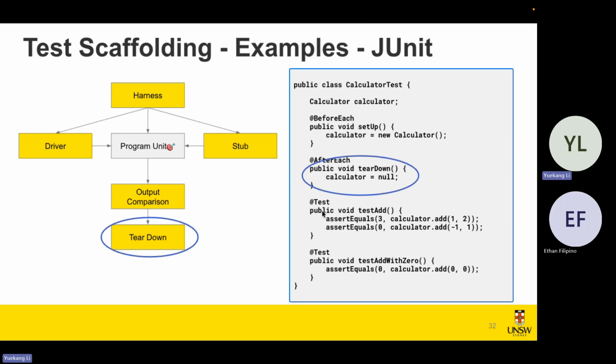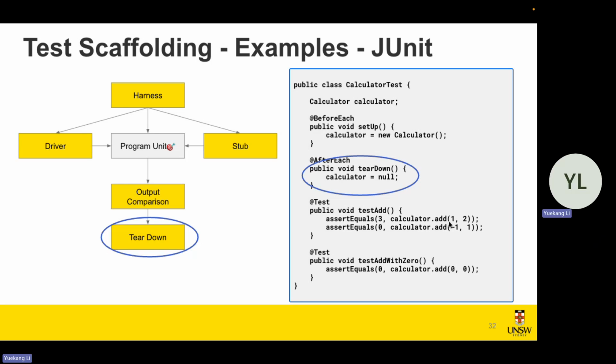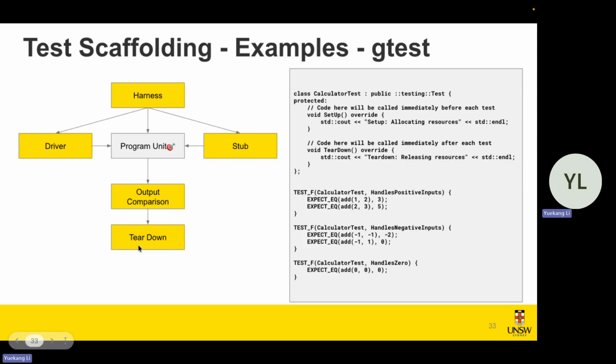And these are the actual units for testing, right? This calculator.add is the program unit we are testing. And the 1, 2, and -1, 1, and 1, they are the actual test cases. And this assert equals are the output comparisons, right? So this is the correspondence for JUnit.